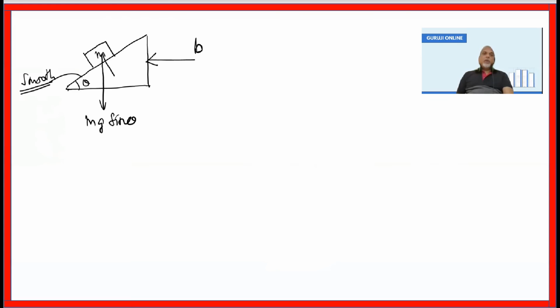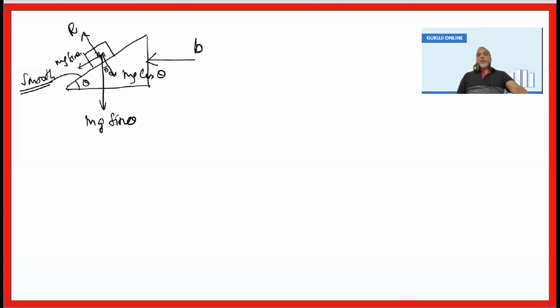So there will be these forces. We can resolve this: mg cos theta, mg sin theta. Of course, there will be reaction.